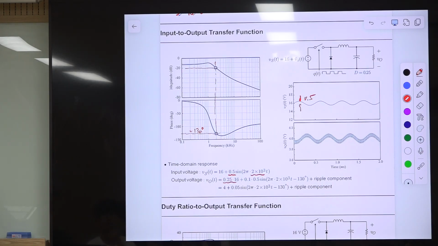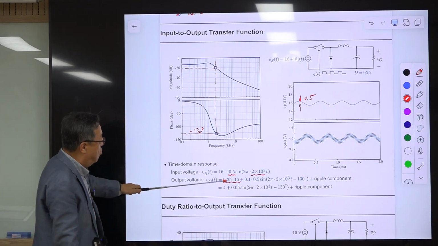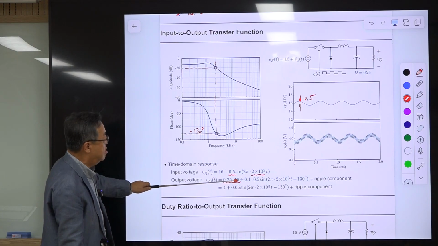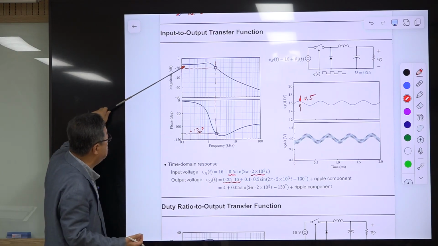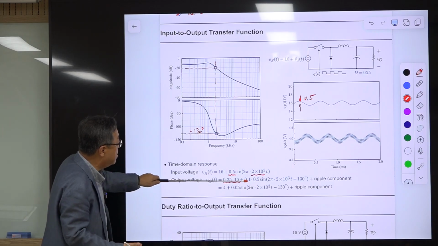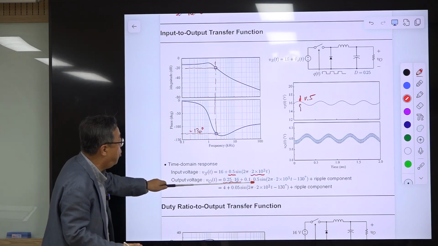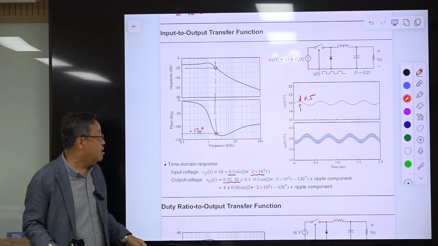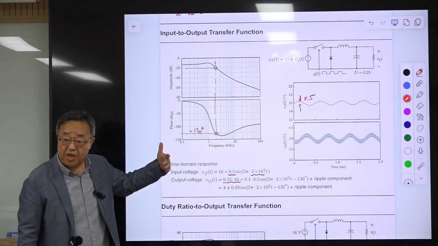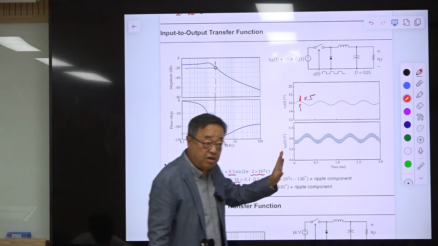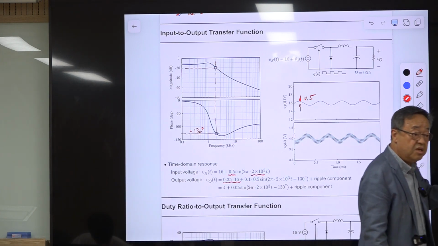The output is this one. This is DC. This is a converter, not a linear circuit. So our voltage is generated from the principle of the buck converter, and this is attenuation. We predict here 0.1 times this one, which is 0.01. Okay, and this is the ripple component. So the ripple component is something else. But if you want, you can easily calculate this simply.